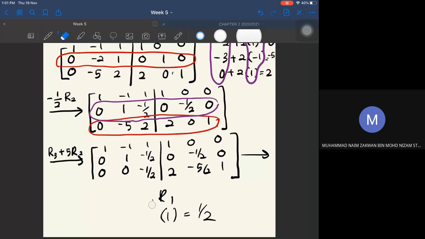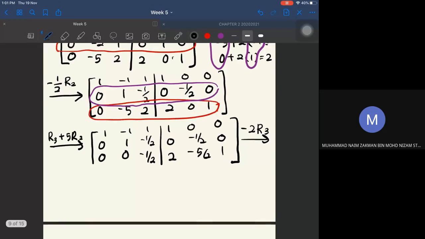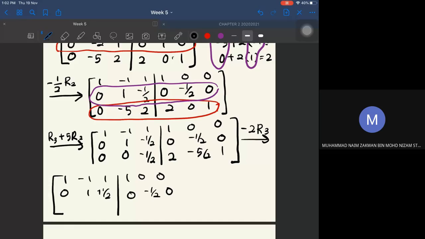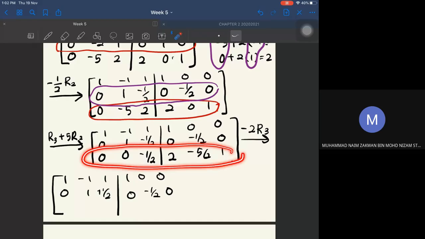So macam mana cara kita nak jadikan 1 adalah dengan darabkan dia dengan negatif 2 row 3. So kalau you proceed dengan negatif 2 row 3, the first 2 row ni masih sama. Row yang ketiga kita nak darabkan dengan negatif 2.